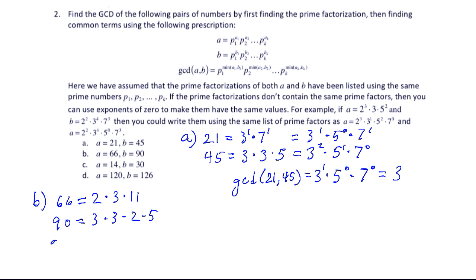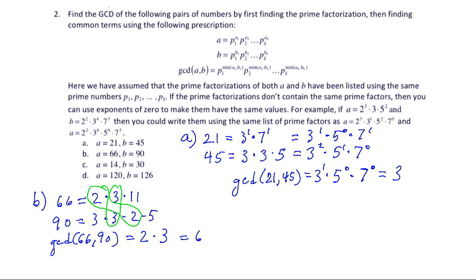And so the GCD of 66 and 90 is 2 times 3. There's a single 3 that's common and a single 2 that's common. And there's no others that I could circle like that. So the GCD is in fact 6.